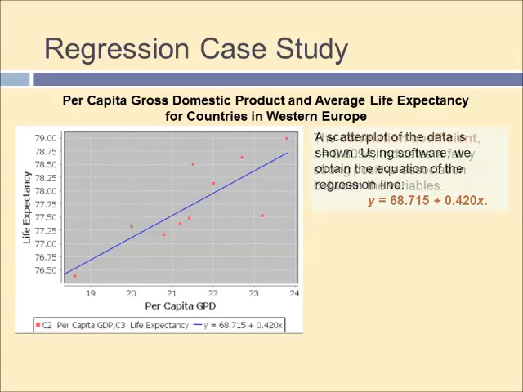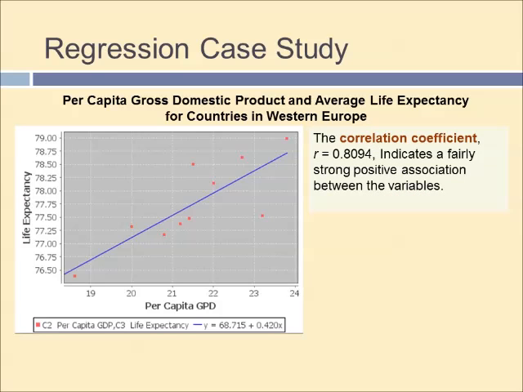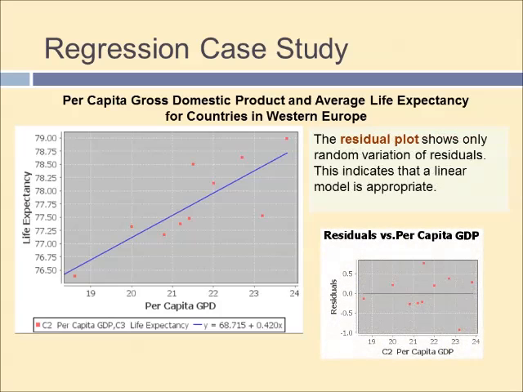Okay, that's very nice. Now, the correlation coefficient, again using computer software, we find to be 0.8094. That's a fairly strong positive association between the variables. Lastly, the residual plot shows only random variation of the residuals.